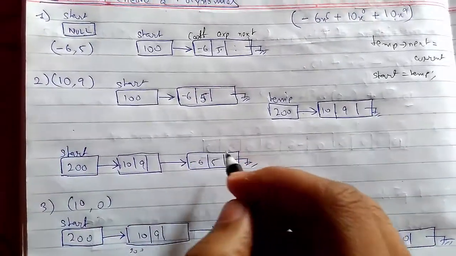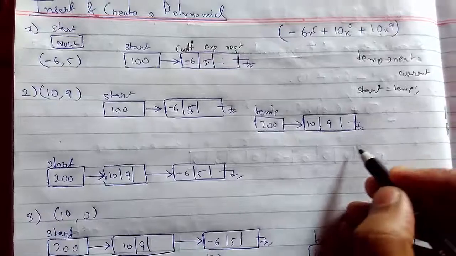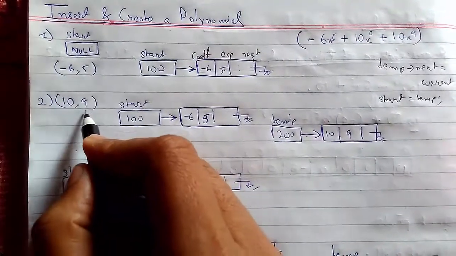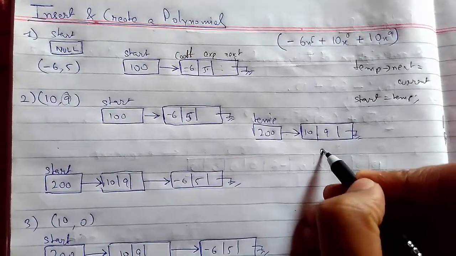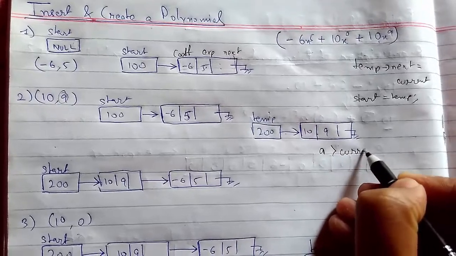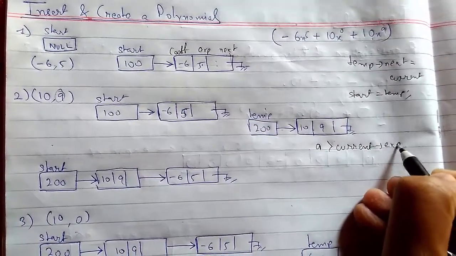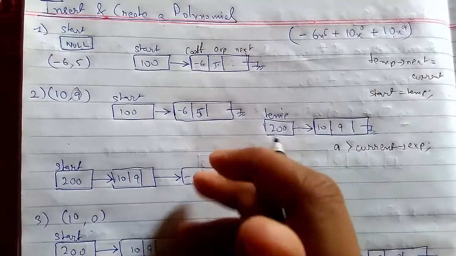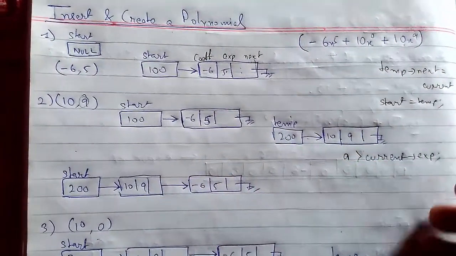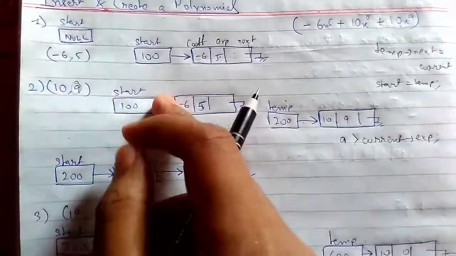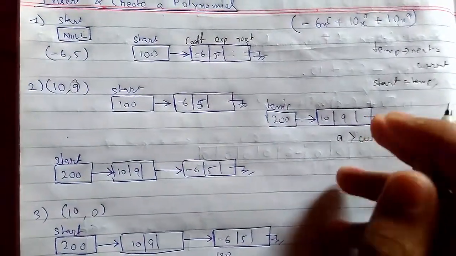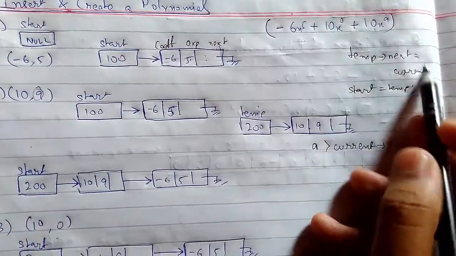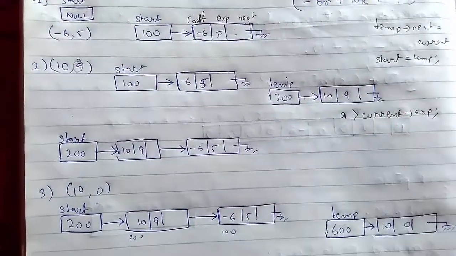How will we do that? First of all, we will check whether the exponent 9 is greater than current arrow exponent, that is the exponent which is already present in our list. Yes, it is greater than 5. So the insertion will take place before it. For that we know how it is done, so we will use this, and this is for start.